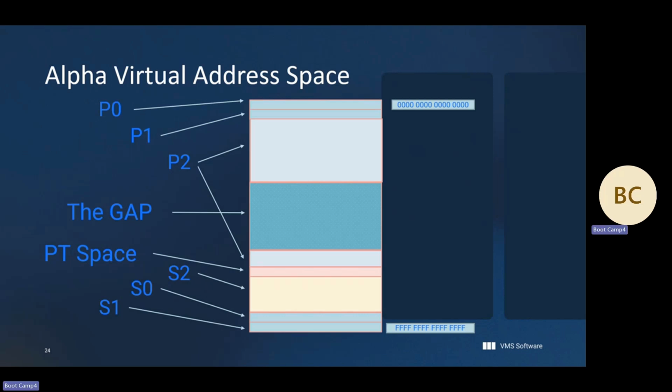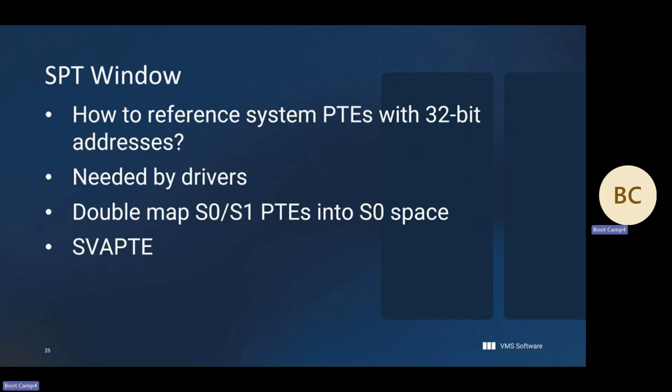Now, VMS was, and to a large extent still is, a 32-bit operating system. We have page table space here that is clearly in 64-bit space. In order to touch it, you have to generate a 64-bit address. But lots of things like I/O request packets and lots of data structures want to look at PTEs using a 32-bit address. So what did we do?